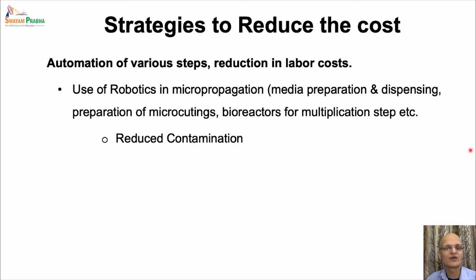However, in addition, use of robotics not only reduces the labor cost, it has several other advantages also. First one is reduced contamination. Now, the contamination associated with the people is usually more than the machines, and it is easier to control the contamination originating from the machines.